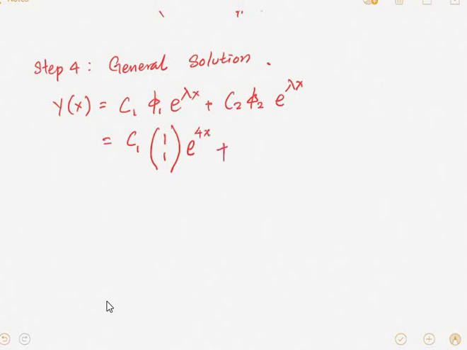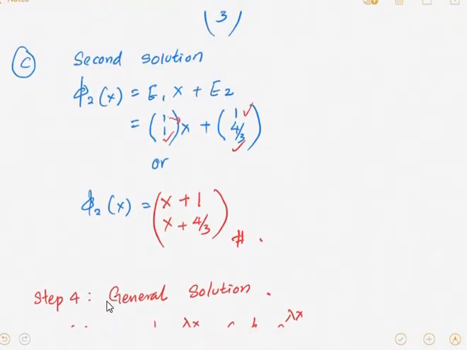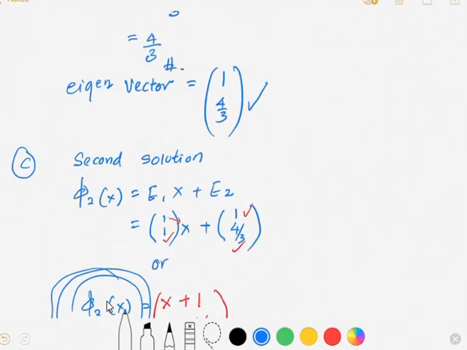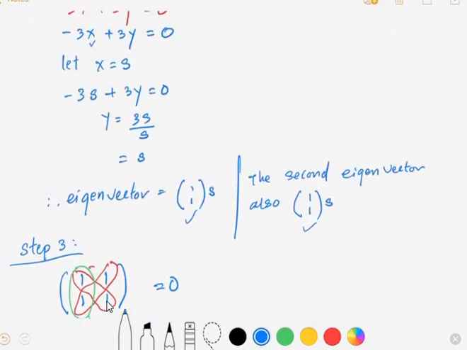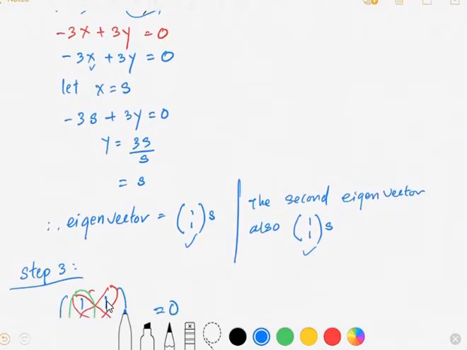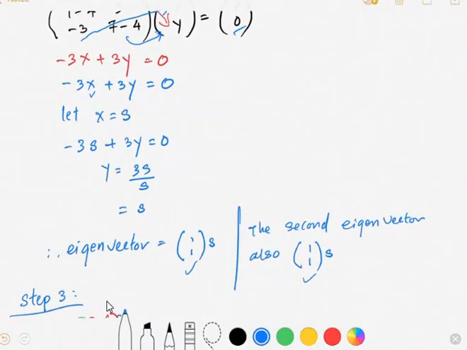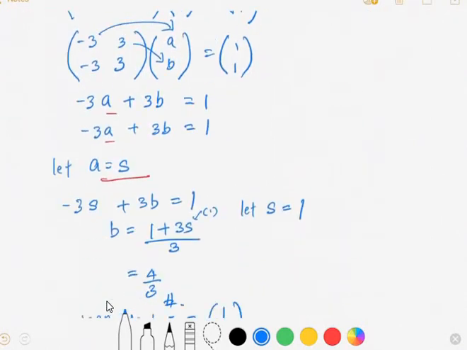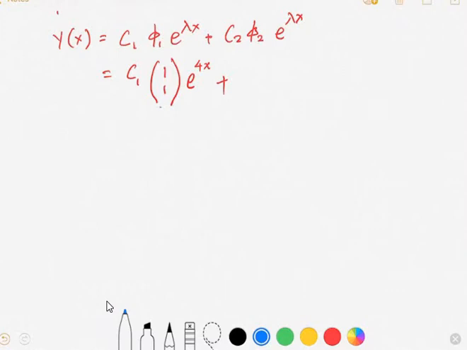Then c2 times vector 2. So this is vector 1, this is vector 2.